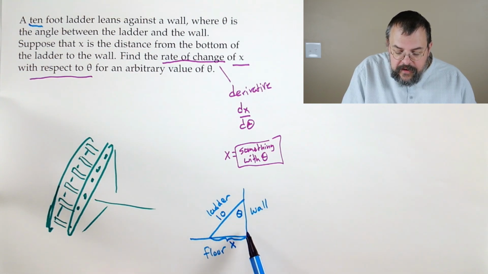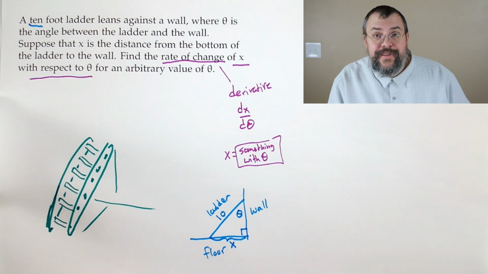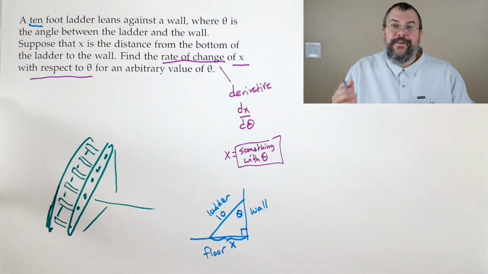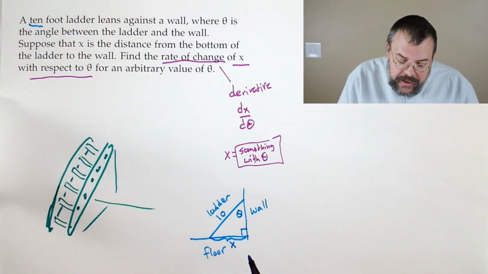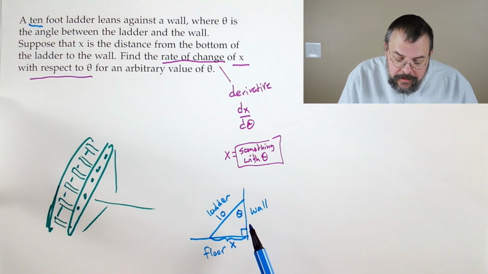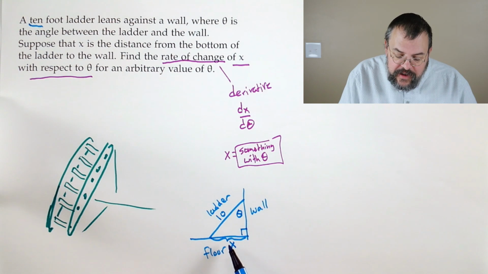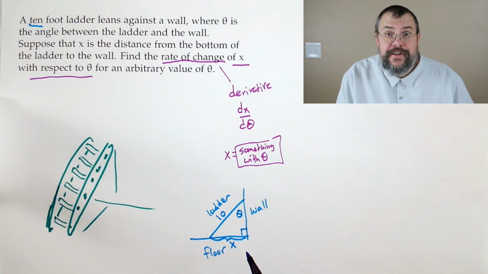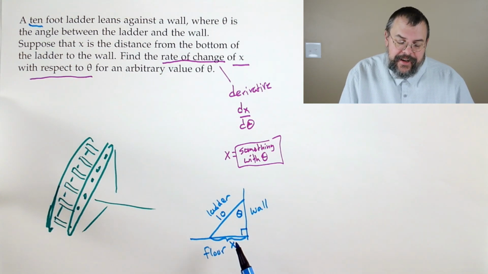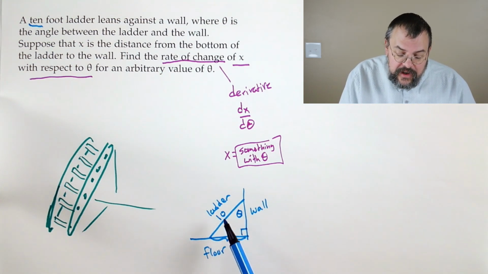And of course, let's assume that this is built to code so that the floor and the wall make a nice right angle. And now we say, all right, I want to find some relationship that involves X and theta. Well, I have a good triangle. In fact, it's a right triangle. And there's a theta, an X, and a 10.